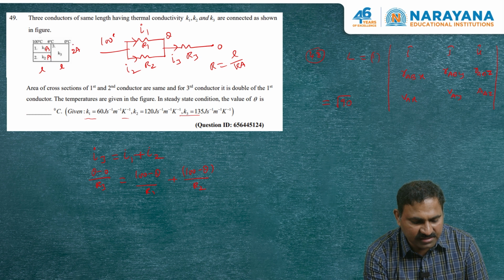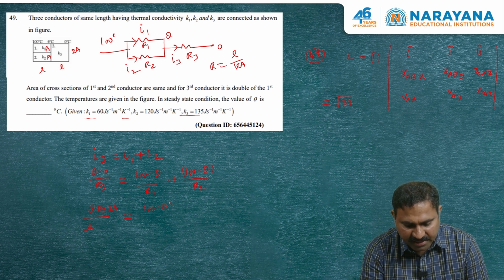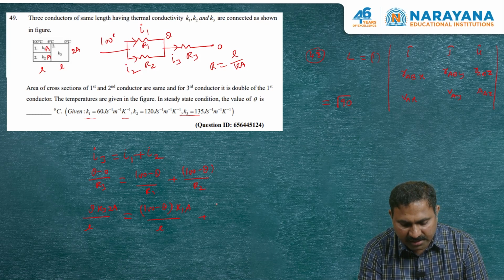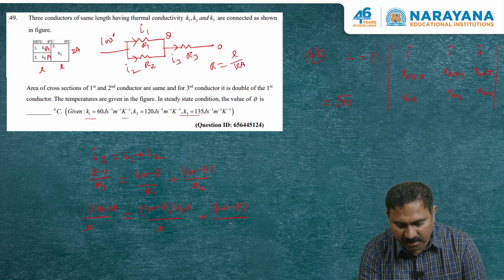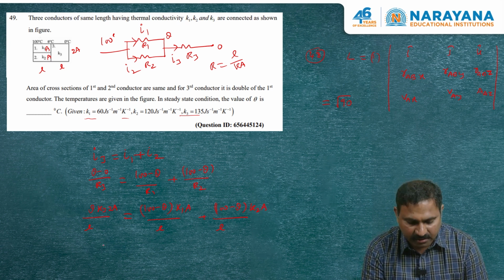For R3 the cross section area is twice that of R1 and R2. So, this can be written as theta by L by K3 into 2A, equal to 100 minus theta by L by K1 into A, plus 100 minus theta by L by K2 into A. In all these expressions A by L can be taken common.